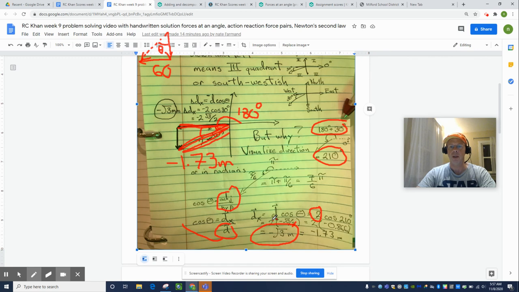The 2's cancel out, and you're left with negative root 3 meters, but nobody really knows how big negative root 3 meters is. So I prefer negative 1.73 meters, or 87% of the hypotenuse, the 2 meter distance that the diver is from their original position.